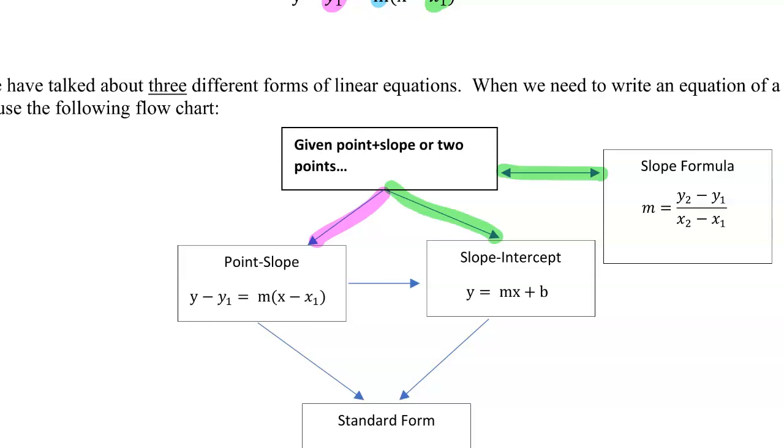And then tomorrow, or the next time we talk, we'll also talk about standard form and how to put our equations into standard form here. Okay, I'm not sure if these are written down in your notes, but you can pause it or get these down because we're going to see this chart quite a bit.